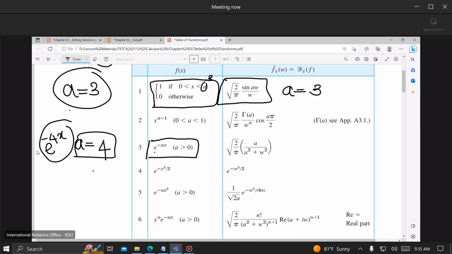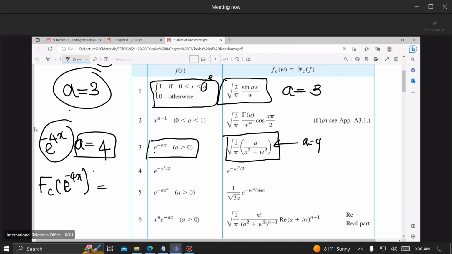So if you are asked to find the Fourier cosine transform of e to the power minus 4x, what should the answer be? We have the Fourier cosine transform of e to the power minus ax, but we have to find it for e to the power minus 4x. So we have to replace all the a terms in this expression by 4.